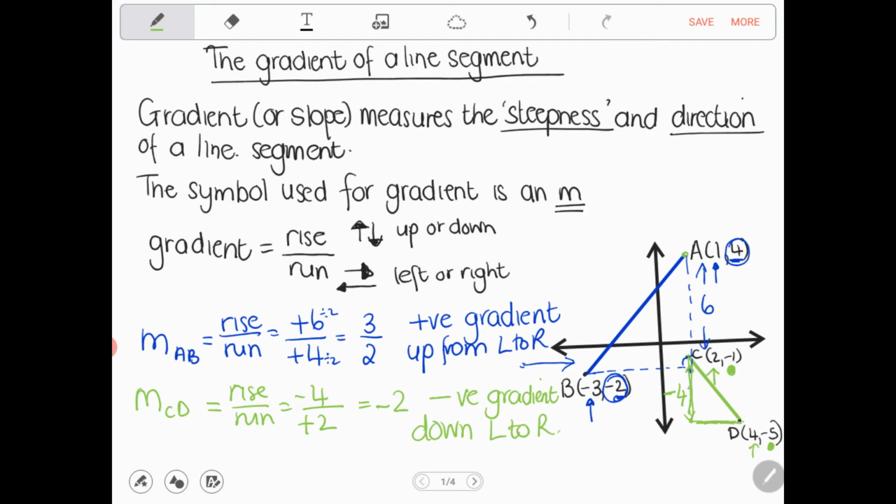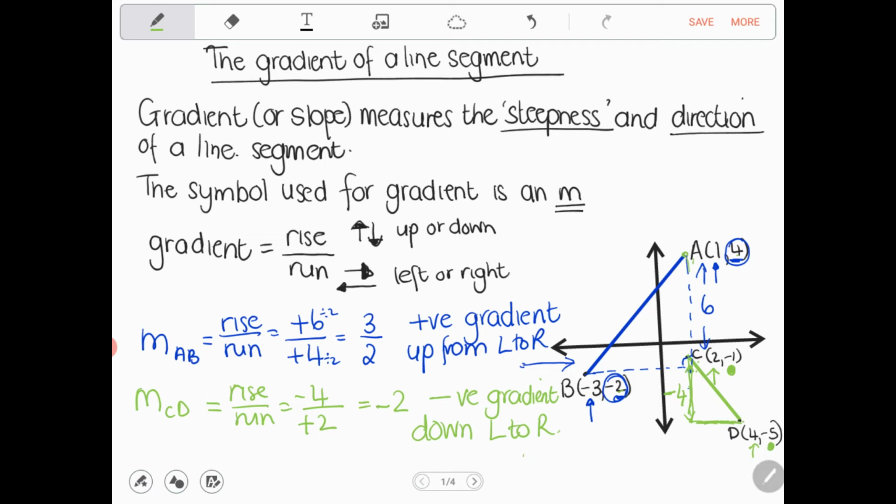Okay. Now, instead of using rise over run this year, we change this into a formula. And to get the rise, we just take the 2 y values and we subtract them. Because when we subtract the 2 y values, that will give me my rise. And to get my run, we subtract the 2 x values because that will give me my run. So we change this into a formula this year.